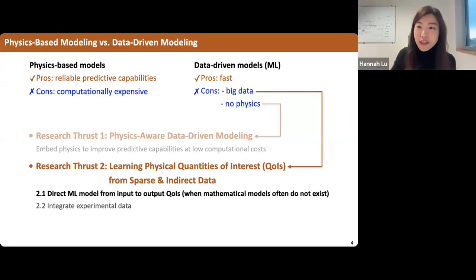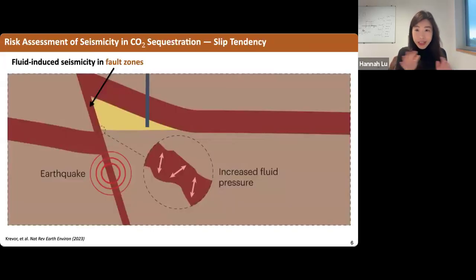Let's see the first challenge of integrating sparse and indirect data. Back to the CO2 sequestration example, besides pressure buildup and plume migration, another critical issue is environmental safety. Because of rock mass movement, there are faults in the complex deep sedimentary formation.